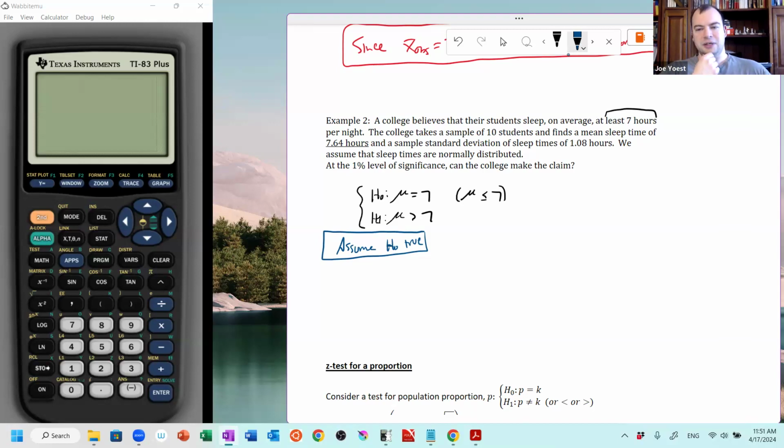Okay, so if H naught is true, let's use the critical value method. So we have T observed is X bar observed minus the null hypothesized value of mu over S X bar, or S over root N. And we compare that to T critical.